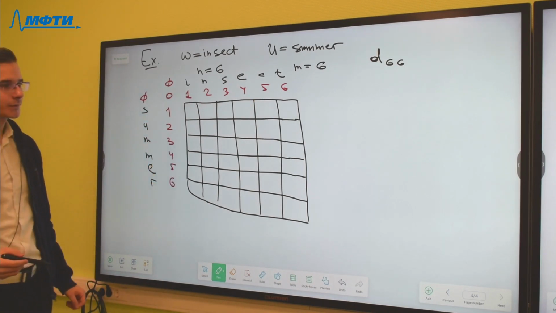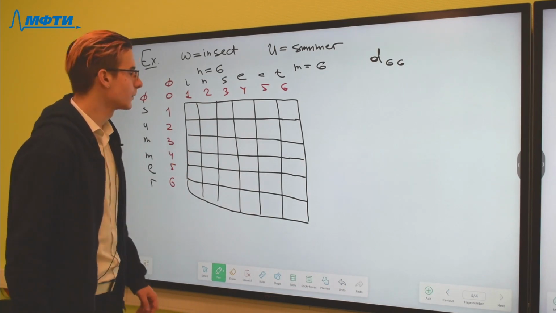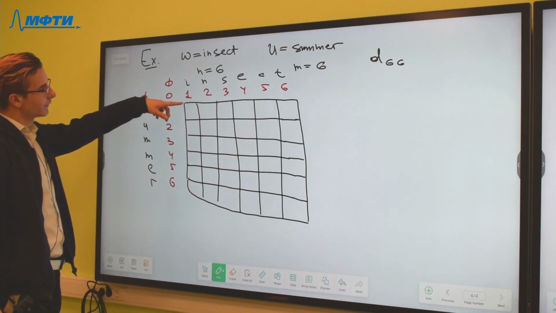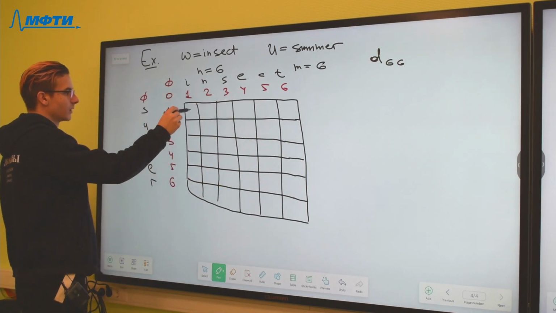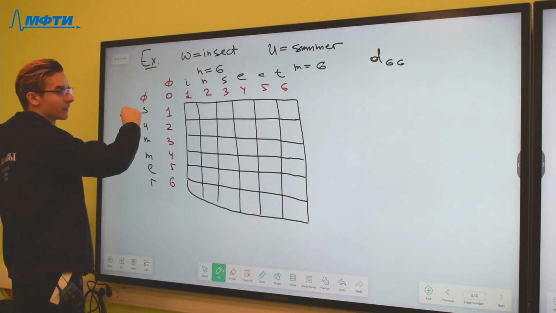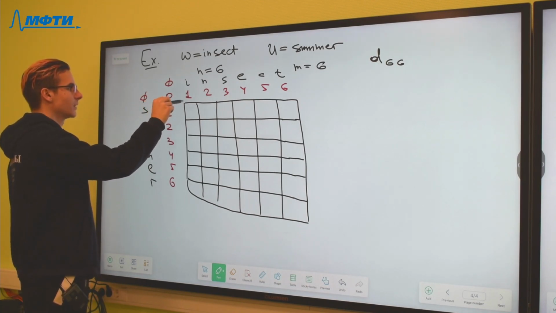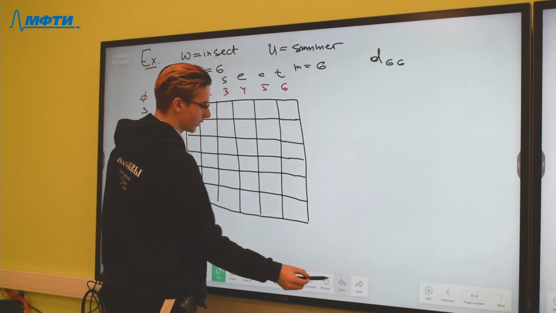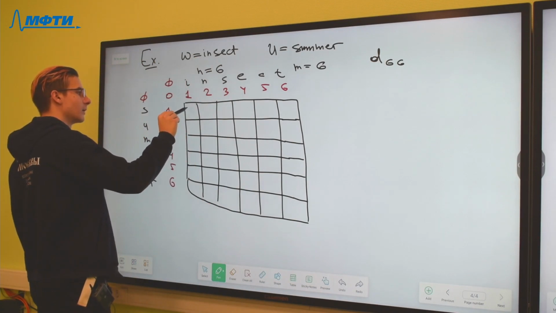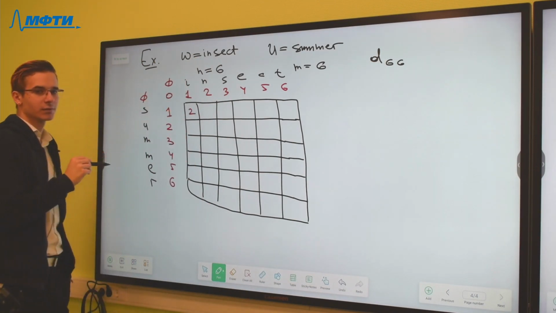And then we use this recursive formula to find these numbers in this matrix. Firstly, for example, here we compare E and S. We see that they are different, so we find the minimum of these two characters. It's equal to 1, and right here minimum of this plus 1. It's equal to 2.